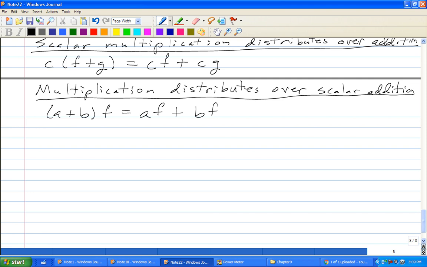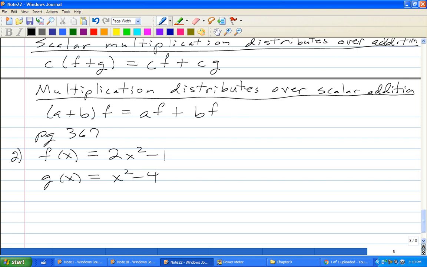Let's do, on page 367, problem number 2. So f of x is equal to 2x squared minus 1. G of x is equal to x squared minus 4.